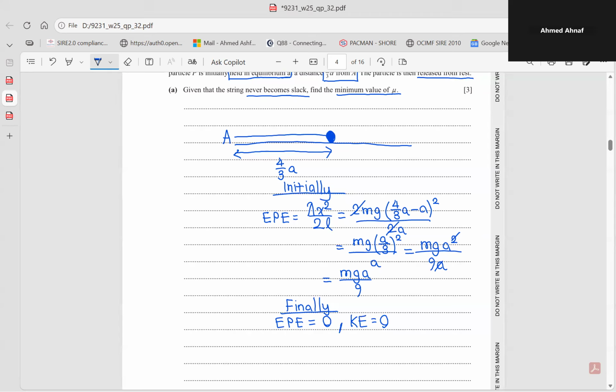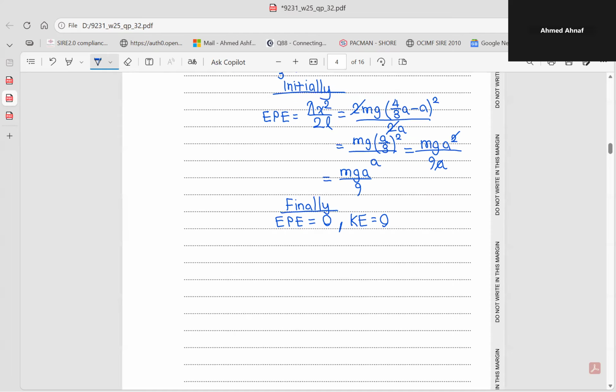And the reason why EPE is 0 is because we are assuming that, since they said it never becomes slack, the string cannot be less than its natural length. So once it's at its natural length, it stops moving. It doesn't do anything. So therefore no KE and no EPE. So there's only work done by the friction.